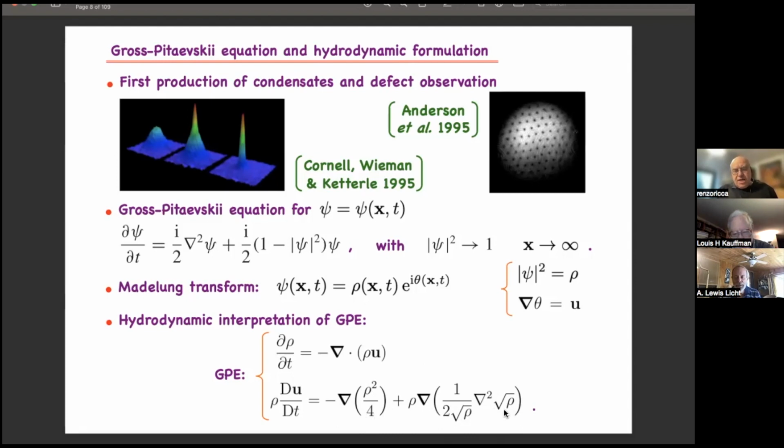So it's purely a function of velocity and density. Because of this, we can take advantage of the great progress that was made in direct numerical simulations of fluid flows and visualization, of course, of these simulations.